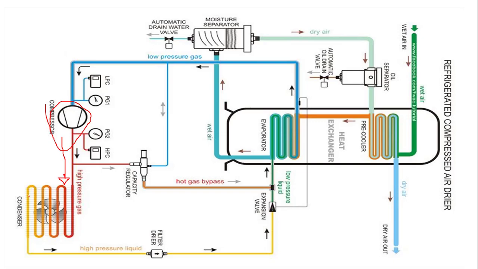When this gas exits the condenser, it will be pumped through the filter dryer. The filter dryer will retain the moisture and particulate dirt and prevent particles and dirt from accumulating in the expansion valve, which has an orifice that can cause clogging.